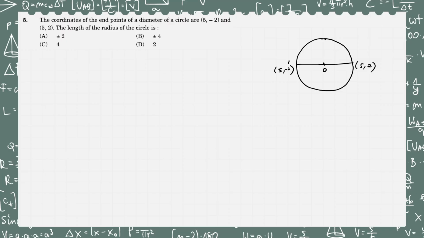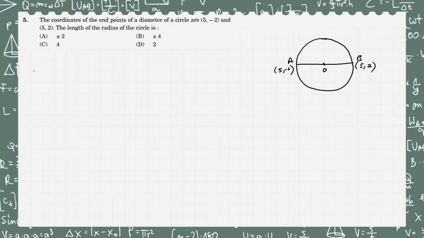That's what is given. So let this point be A and this point be B. So these are the endpoints of the diameter given, and they are asking for the length of the radius of the circle. So if we find the diameter's length, then the radius is half of it, right? So we can easily do that.